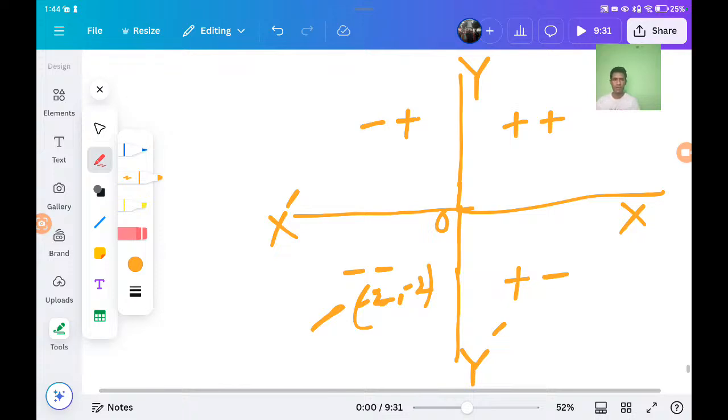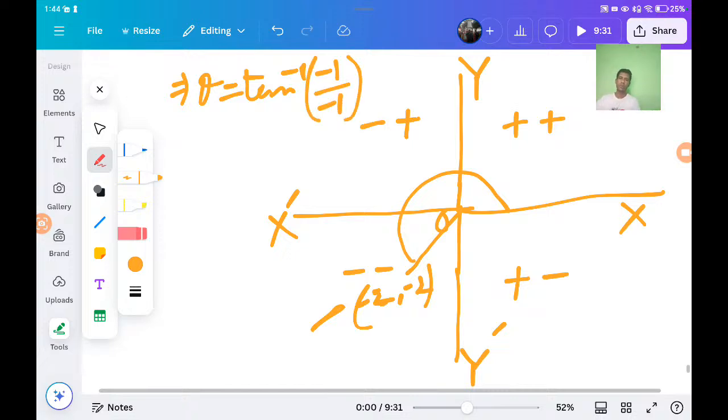In this point the angle will be 45 degree, because tan inverse -1 divided by -1.